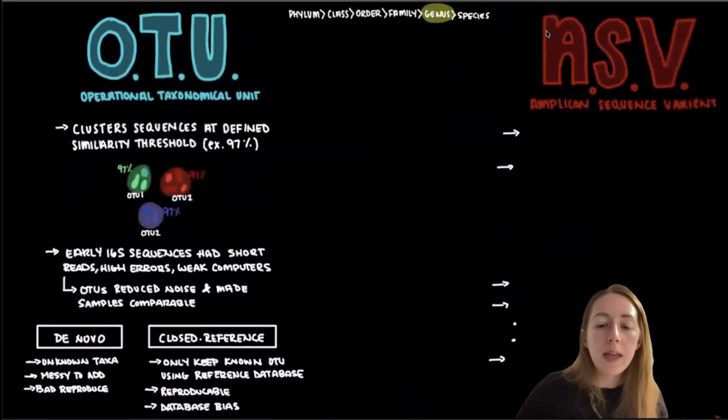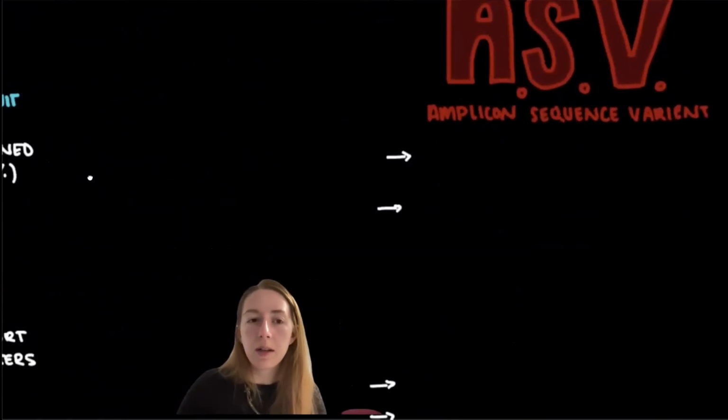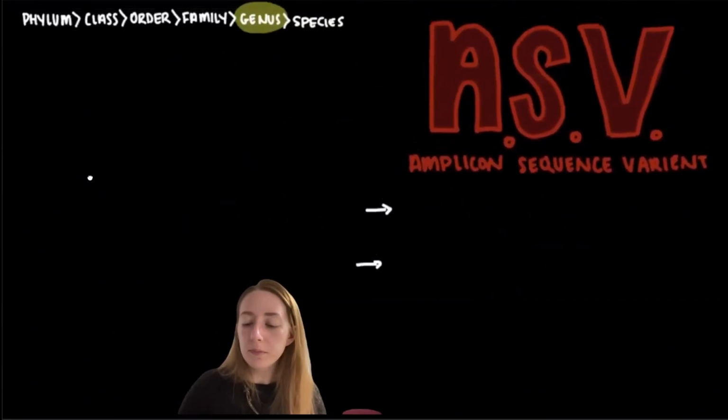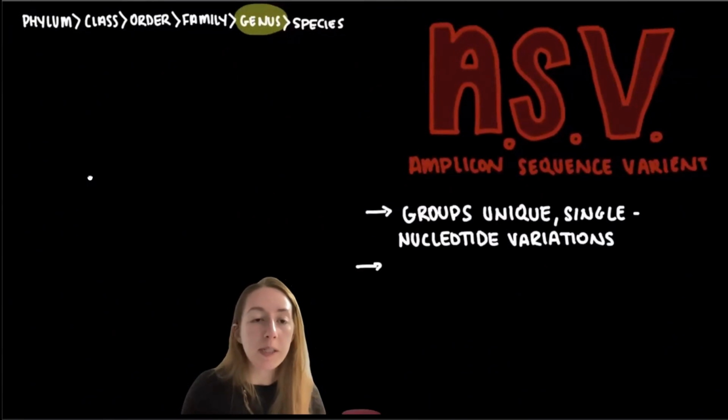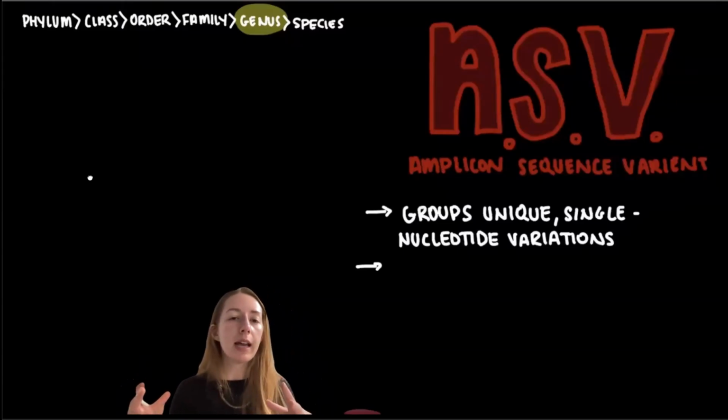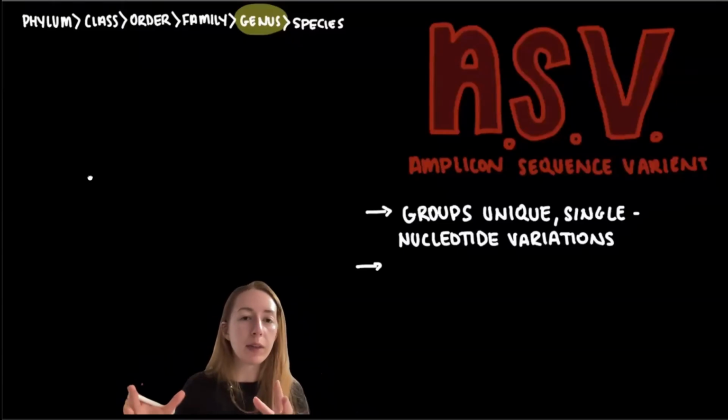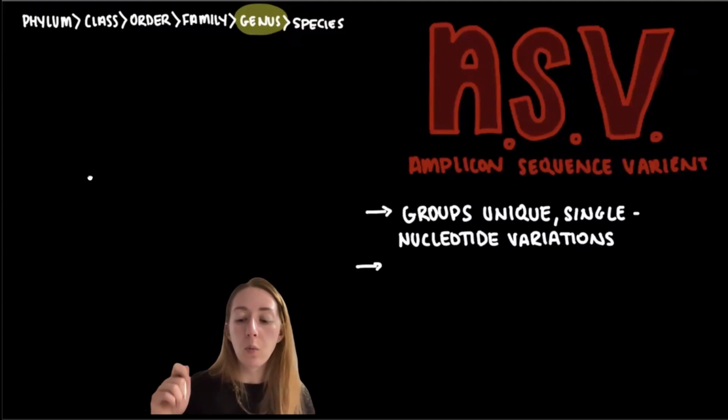Okay. Then we have ASVs, which are amplicon sequence variants. Okay, this is very different because it is much more specific. It basically groups every unique sequence, with even a variation of one single nucleotide, into its own unique group.